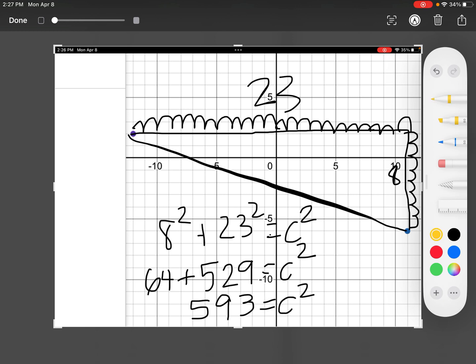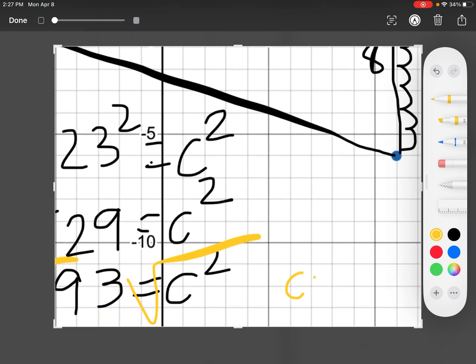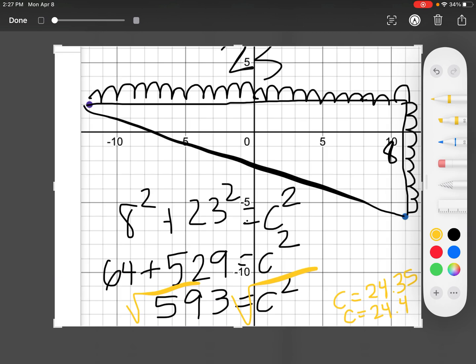And then I'm going to square root everything. So the square root of 593, I get 24.35. So if it's asking me to round to the hundredths, I've got my number rounded correctly. If they want me to round to the tenths, it would be 24.4.